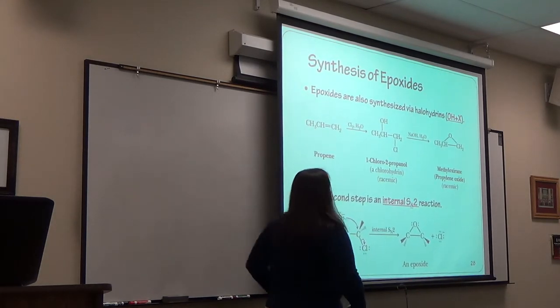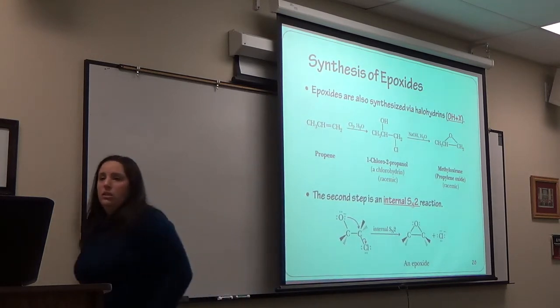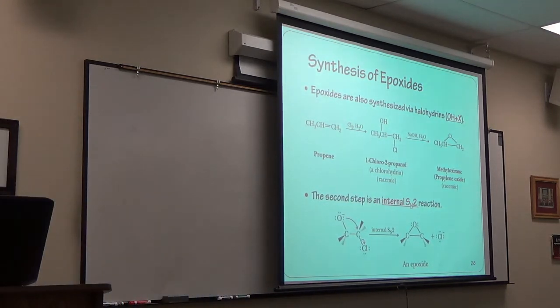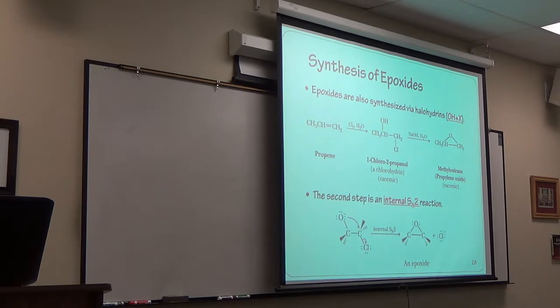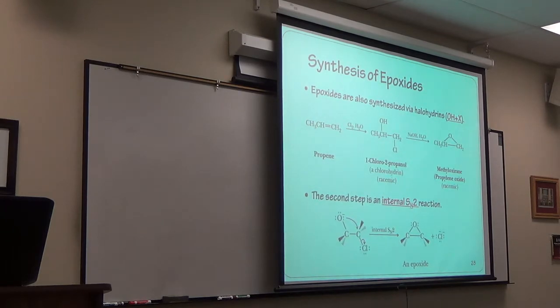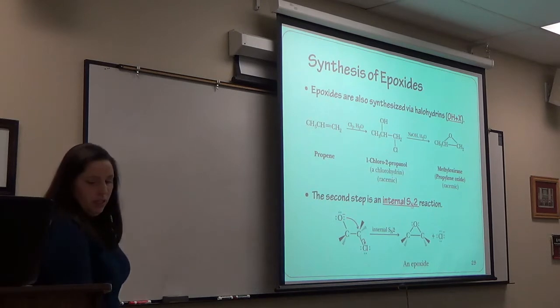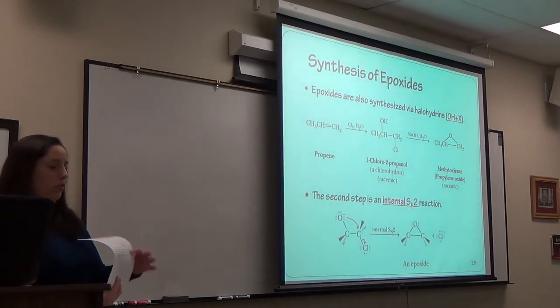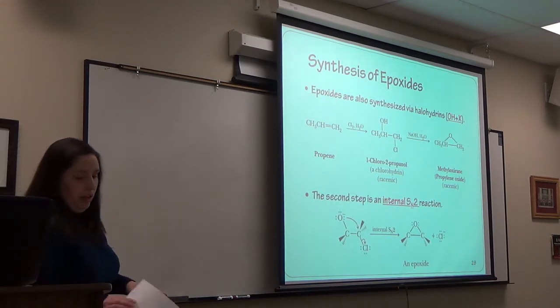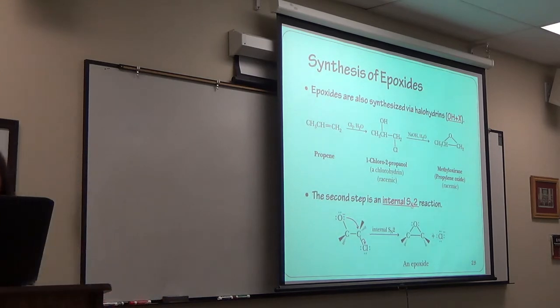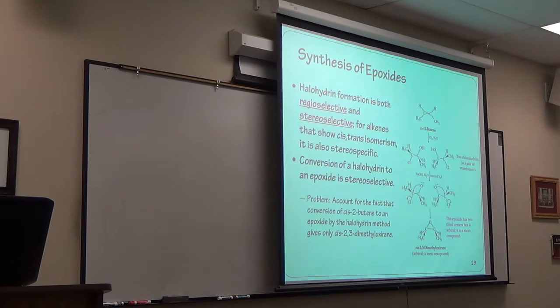So it's an internal SN2 reaction. Does that make sense? So this is an alternative mechanism to forming the epoxides. So you want to look for either one, as a problem gives you something like this, you just want to look for the ones that might potentially lead to a product that is the epoxide. Does that make sense?